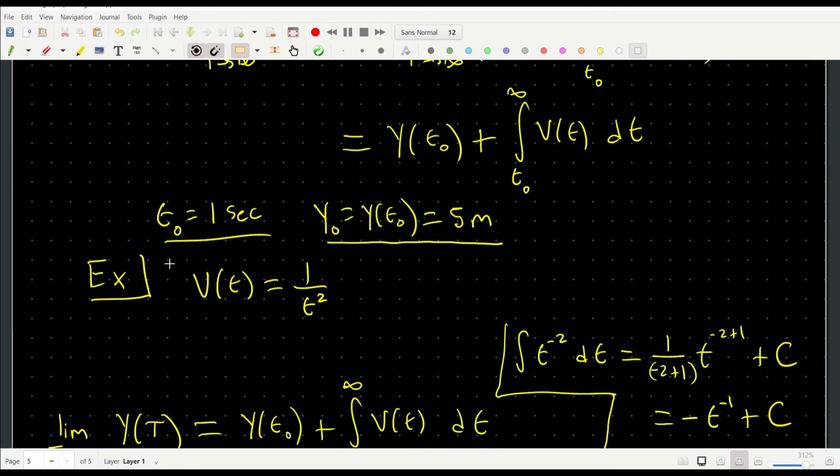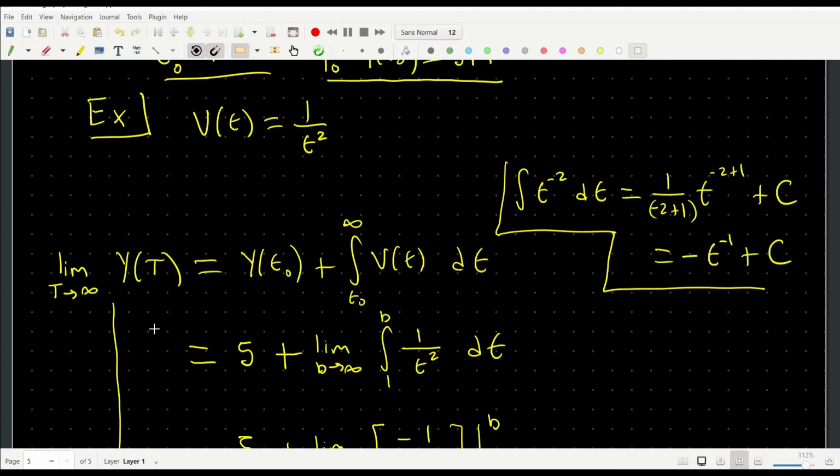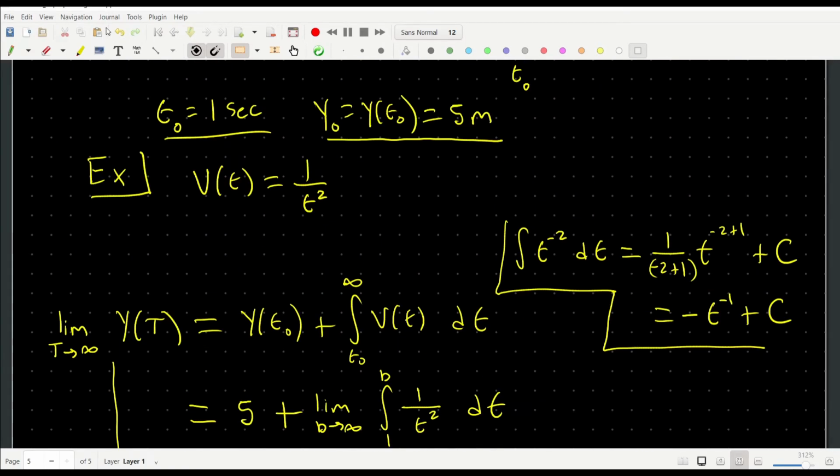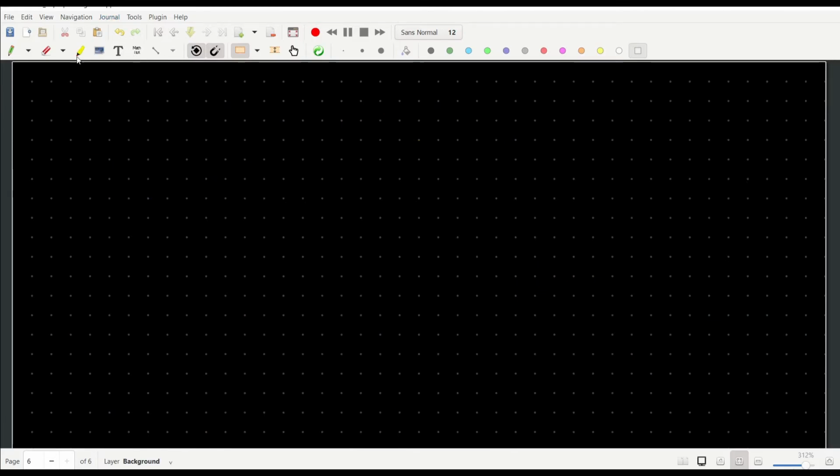So this is a really good example, and what I want to do is contrast this. Compare and contrast to the exact same situation, but with a velocity function of 1 over t.